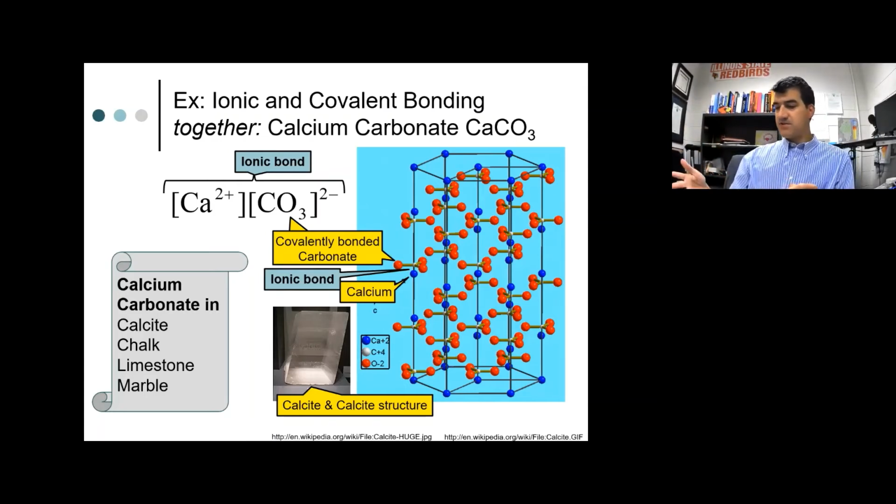Also, if you ever cut marble or limestone, if you cut rock, you get that same chalky substance. It's the same thing, calcium carbonate. So the point I want to make is just that lots of materials have both ionic and covalent bonds in them, and they'll also have intermolecular bonds as well. So you can combine all these different bonds in different ways.